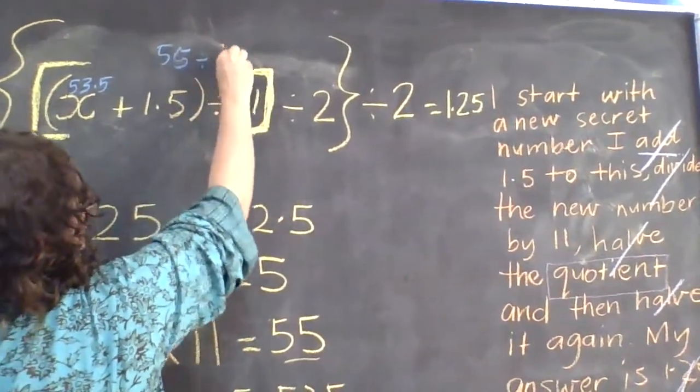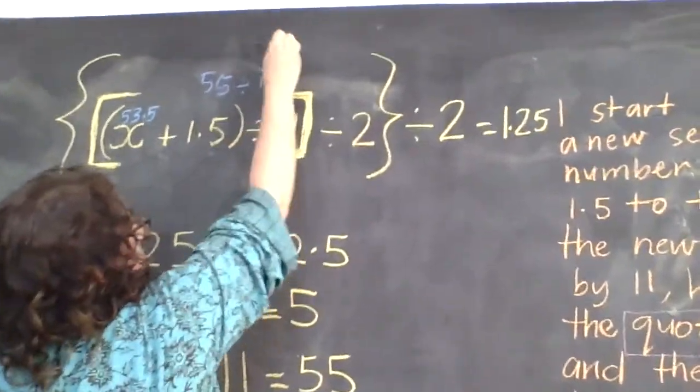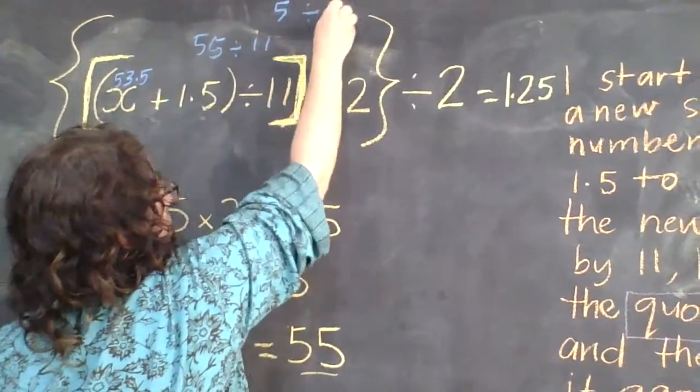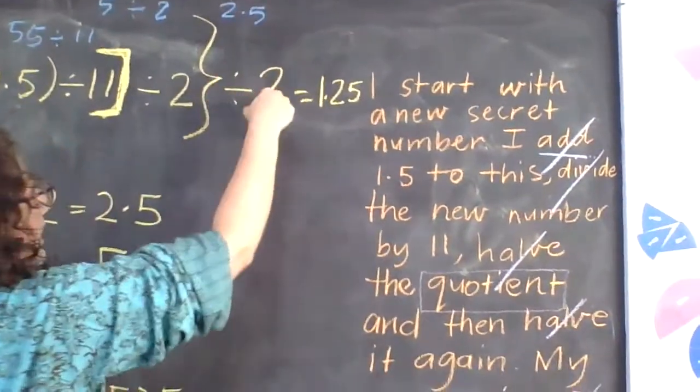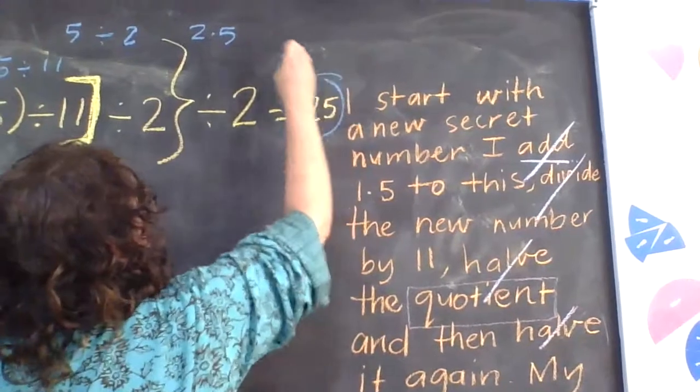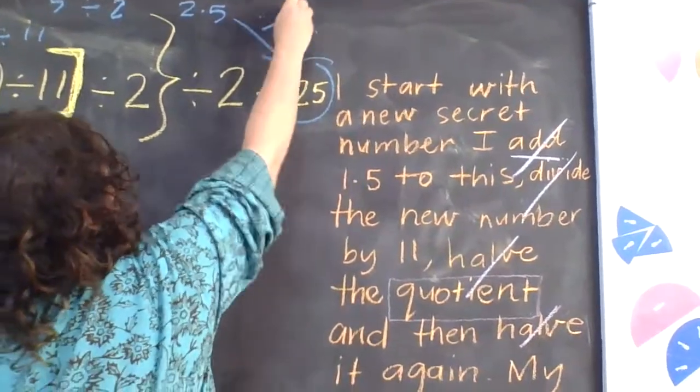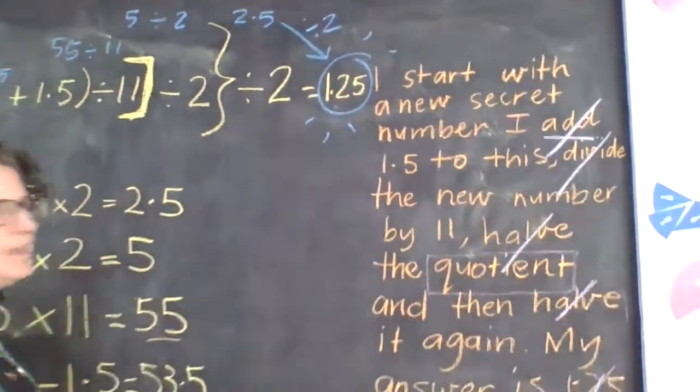Divide that by 11, gives me 5. Divided by 2, gives me 2.5. Divide it by 2, gives 1.25. Ta-da! We got there! Nailed it.